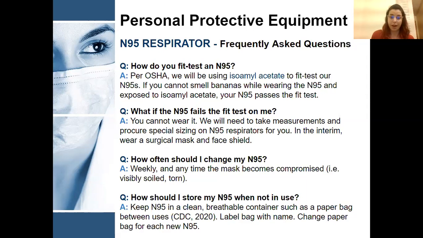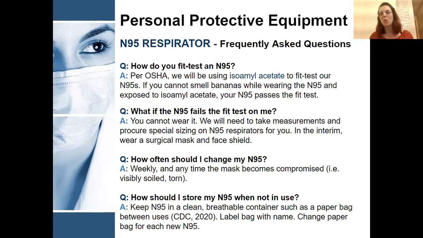So what if your N95 or KN95 fails the fit test? You can't wear it. We'll need to take measurements and procure special sizing for the N95 respirator for you. In the interim, you should wear a surgical mask and face shield. If you want to wear a failed N95 or KN95, it's certainly probably better than wearing a surgical mask, but it's not going to give you that 95% particle filtration that we would expect from the product.